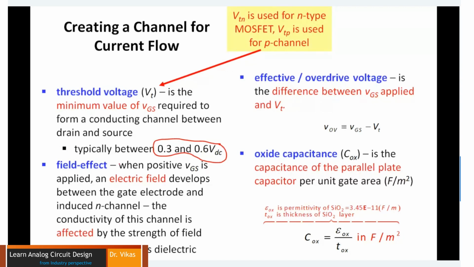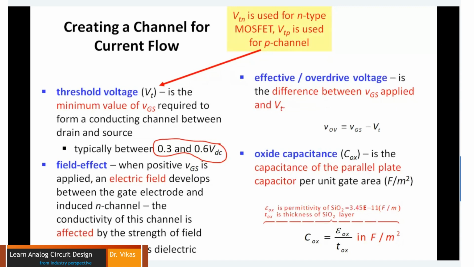Whenever we apply a VGS, there is a field creation happening. When we apply VGS, an electric field develops between the gate and the channel, and this enhances the conductivity within the channel, and that's how we say it's a field effect in nature.